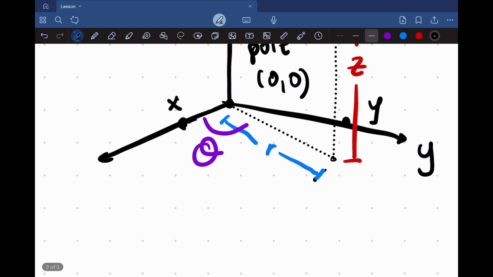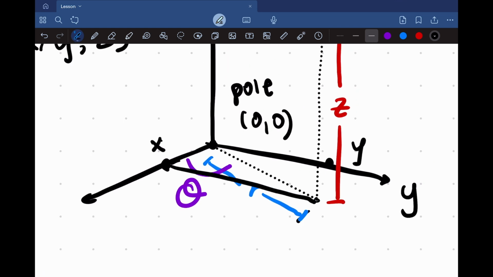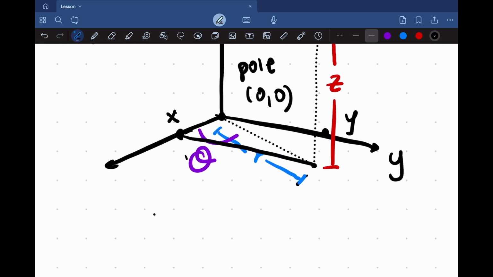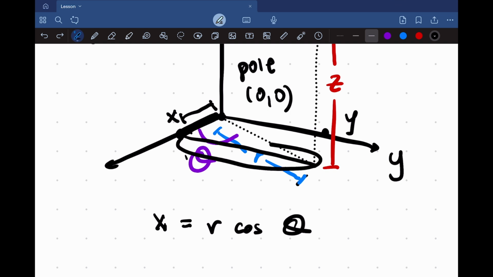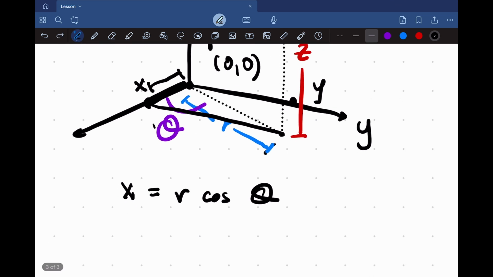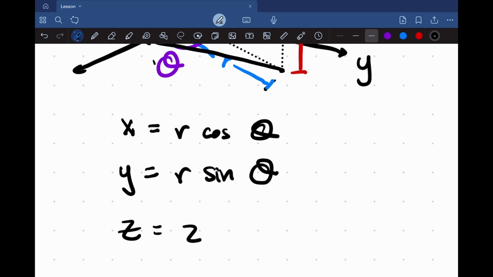Because of the right triangle formed with r and theta, we can find that x equals r cosine theta, because this distance is the adjacent side of the right triangle. The same thing applies here: this distance y is the same as this side, so we can use trig again to find that y equals r sine theta. And lastly, z equals z.